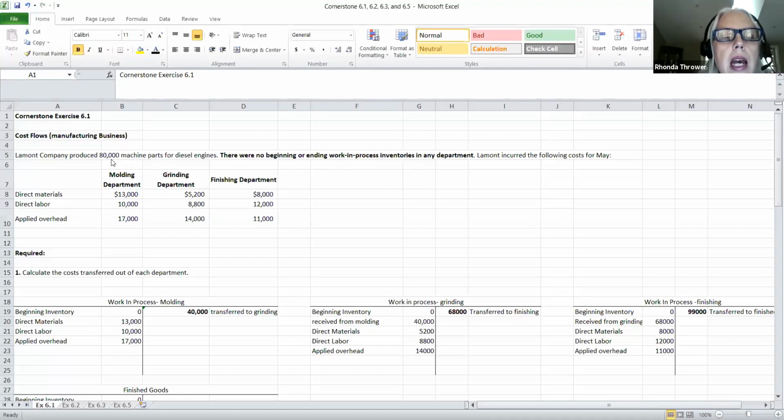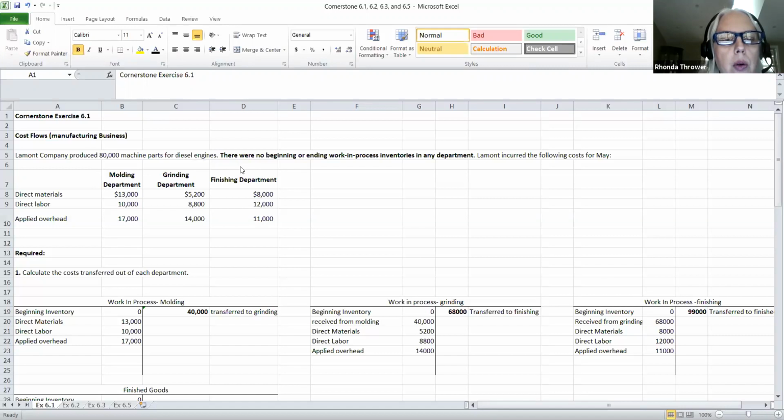And in a process cost accounting system, what's different from the job order cost accounting system is that you will be keeping up with cost in each department. So each department is going to have its own separate work in process account that you're going to be working with. It will also have its own separate overhead account in each one of these departments.